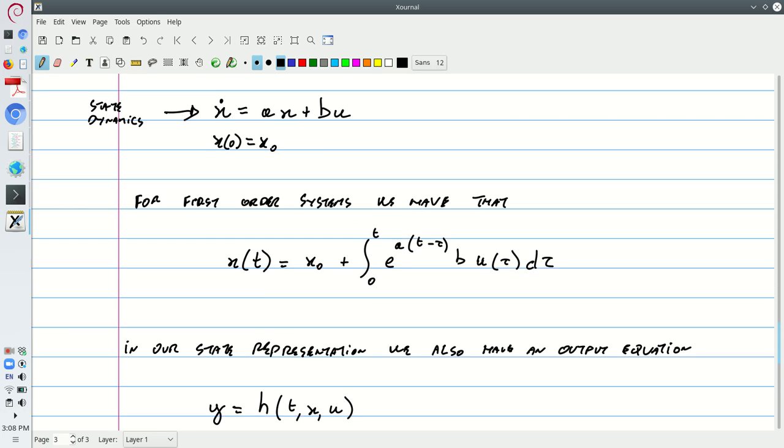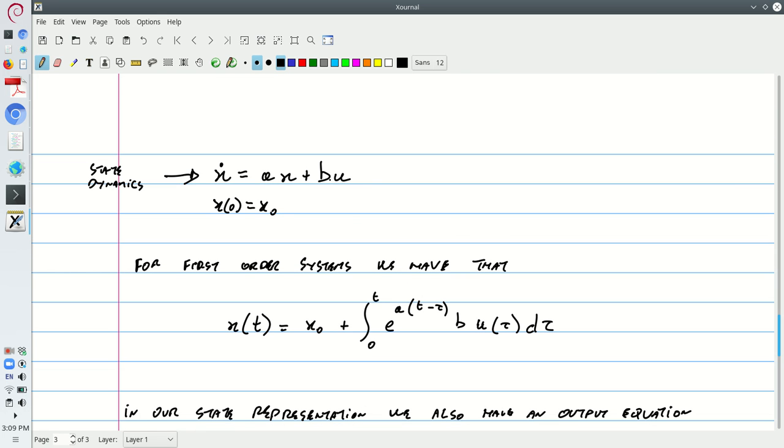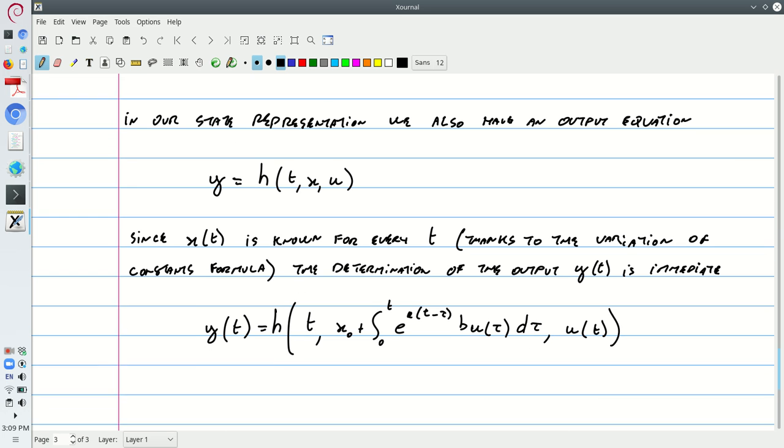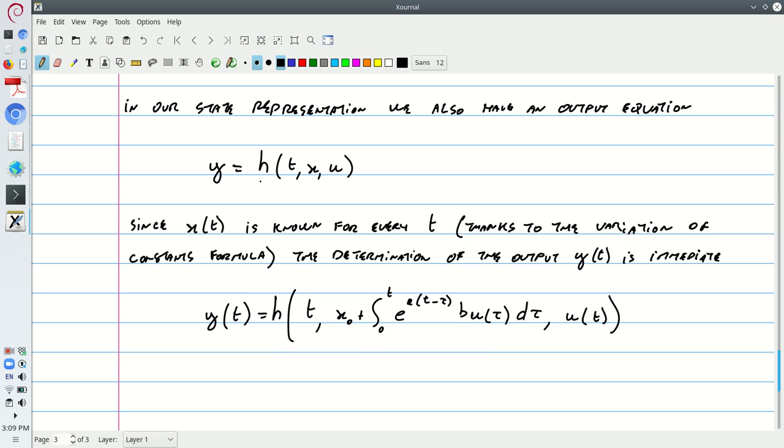So what I'm saying is that if your system is linear and time invariant in the first order because of the state dynamics in the state dynamic equation, then it doesn't matter how complicated this function h, the output function, is going to be, because you just plug it in there.